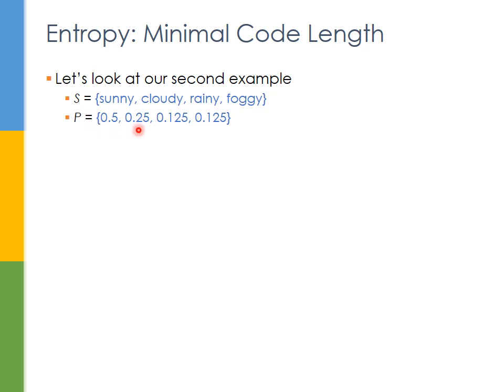And we can see if we add all of these fractional values together, we get a total of 1. So the way we would interpret these values is that the value sunny has a 50% chance of occurring, cloudy has a 25% chance of occurring, and rainy and foggy both have a 12.5% chance of occurring.